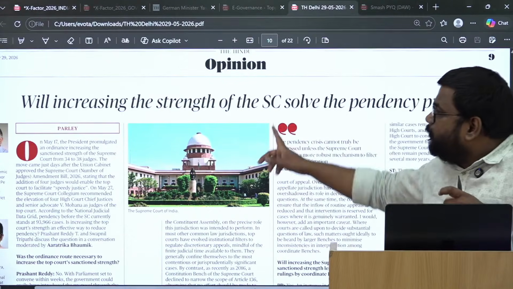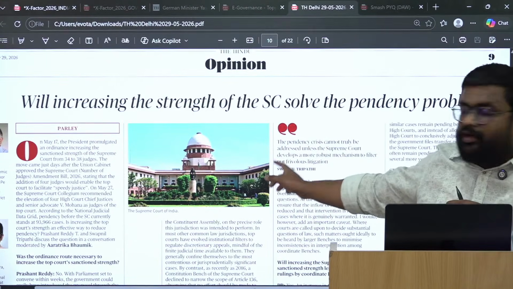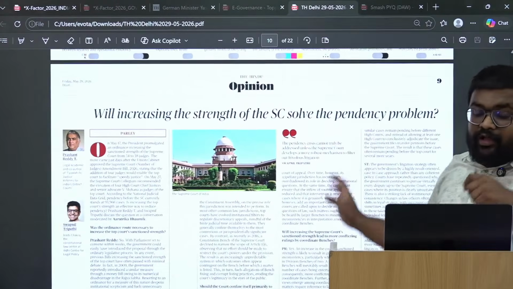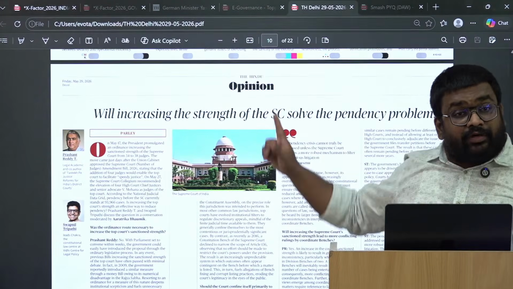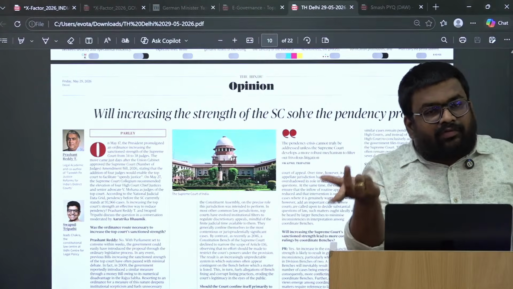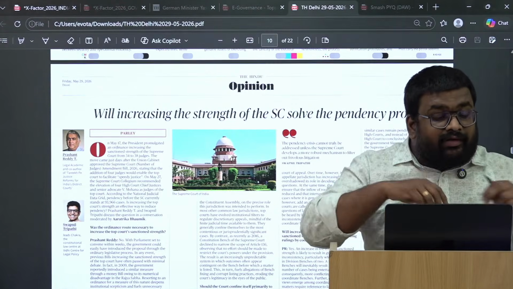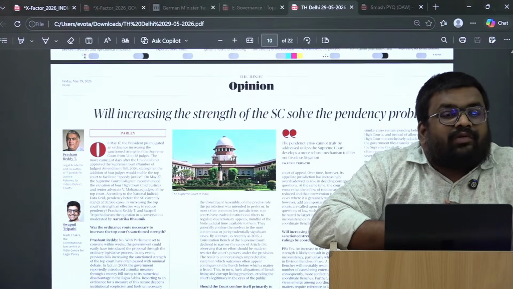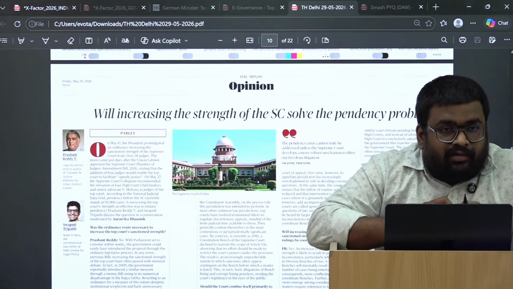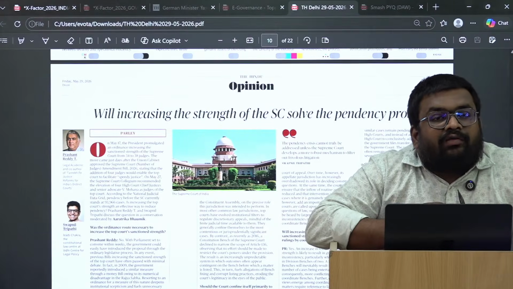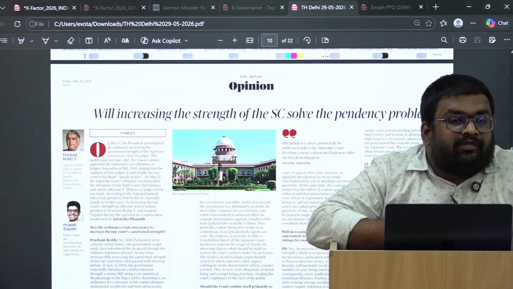ठीक है. अब यहाँ पे आपको arguments in favor, arguments against दोनों मिलेंगे. That means this particular article becomes very important. So you need to read this entire article and बस आपको सिर्फ चेक सोचना है कि किस टाइप का क्वेश्चन इस पे आएगा. So basically they will ask you a question कि whether to what extent increasing the strength of Supreme Court can solve the pendency problem.